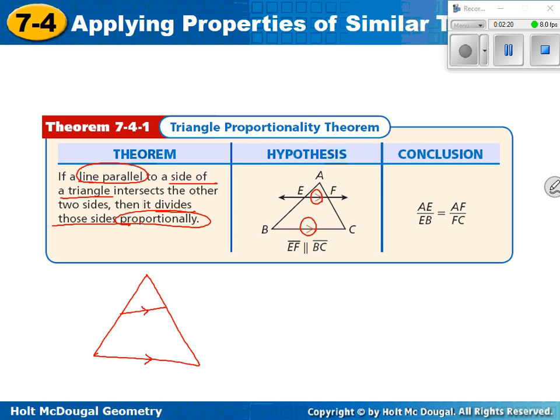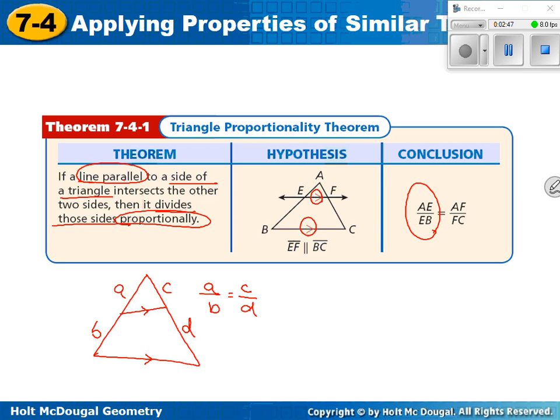Meaning that AE over EB will now equal AF over FC. Or a quicker way to write it would be A over B is equal to C over D. Are you guys with me there? You don't have to separate the 2 triangles. You don't have to try to find all their side lengths.